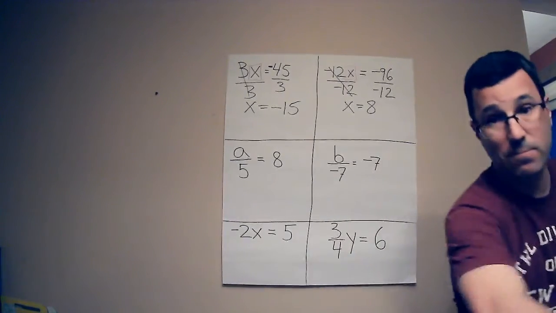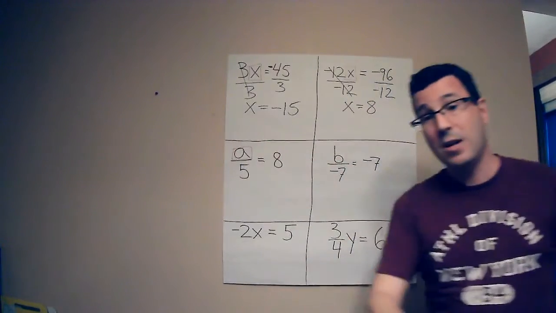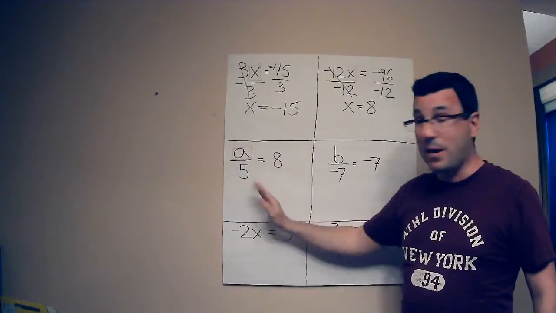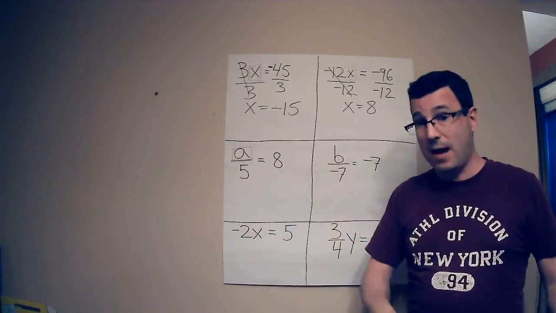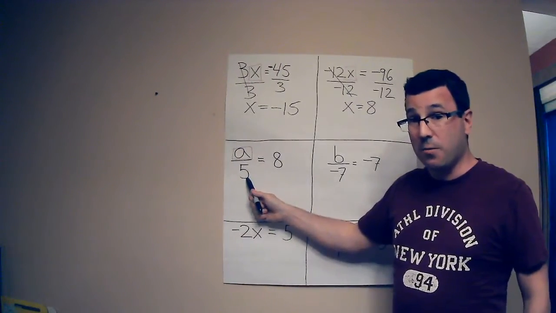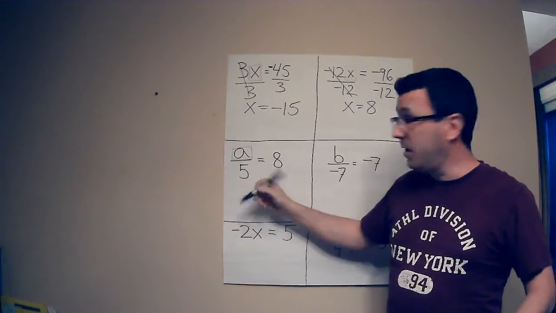Again, here's my variable. I want to keep it by itself. I want to get it by itself. It's on the left-hand side. I'm not moving that variable. But this 5 has to go. And since it's dividing the a, the opposite is to multiply.